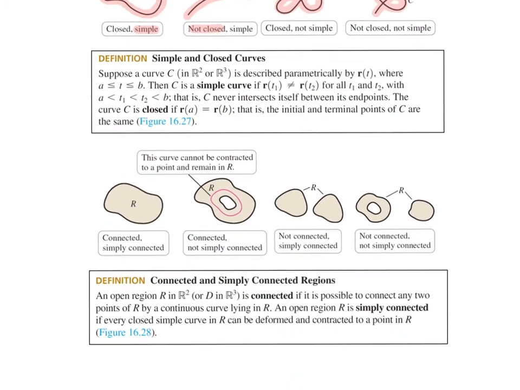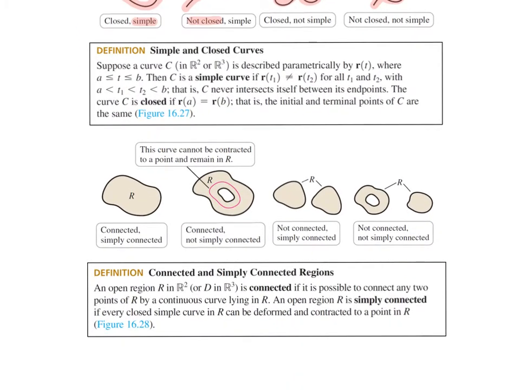The box below is just the definition of simple and closed curves, pretty much what we just talked about. A simple curve doesn't intersect on itself, which means it's never going to be equal to itself. And closed just means that the starting point is equal to the ending point.